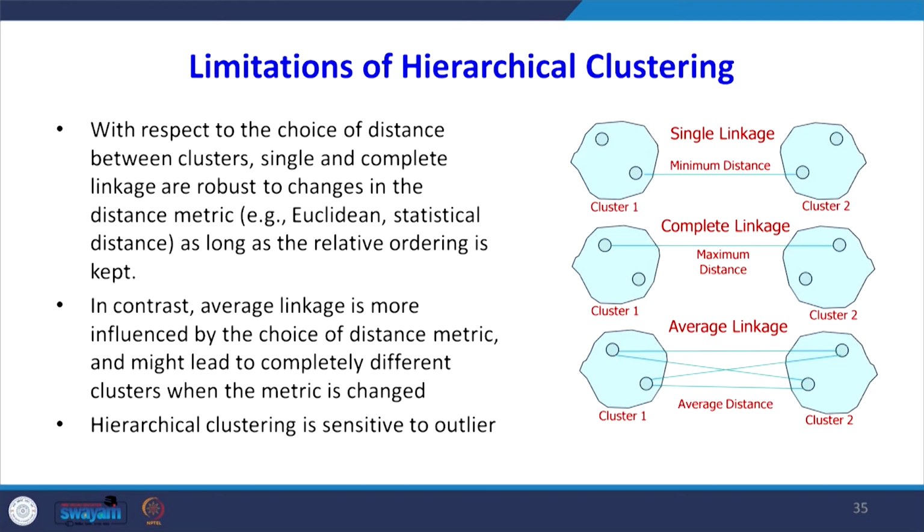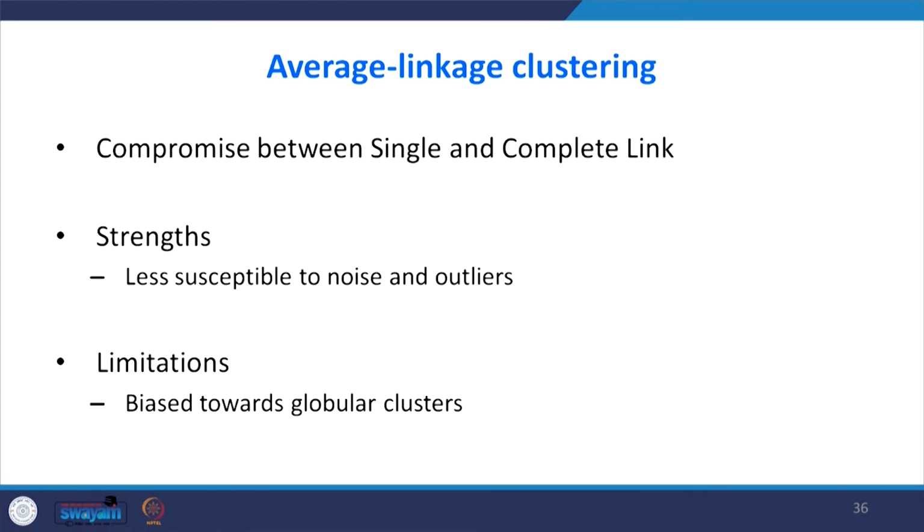If you use these distance measures, then the clusters you get are very robust. In contrast, average linkage is more influenced by the choice of distance metric and might lead to completely different clusters when the metric is changed. Hierarchical clustering is sensitive to outliers. If any extreme data is there, that may provide different kinds of clusters.